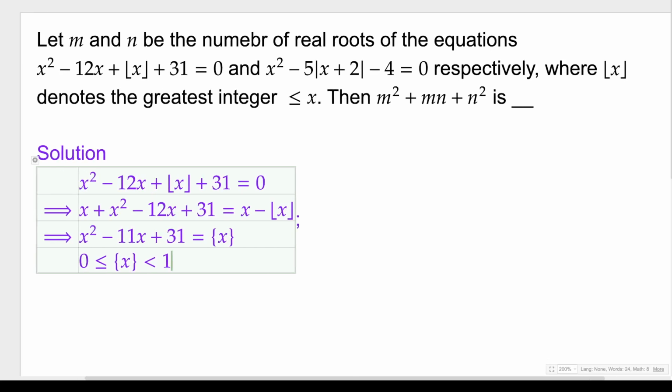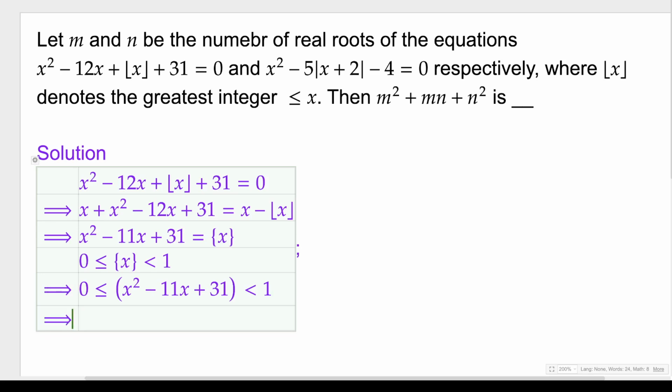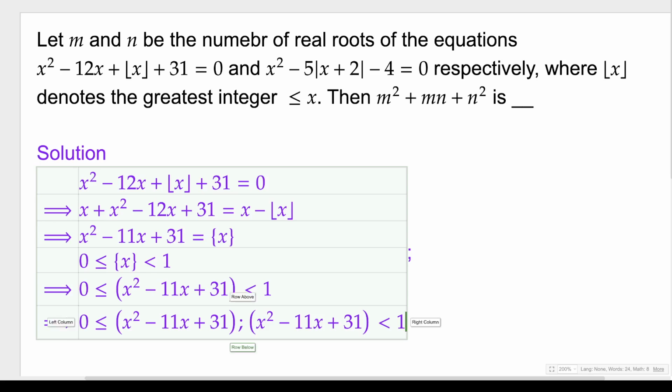Proceeding ahead, finally this expression can be written as x² − 11x + 31, and this one within parenthesis has to be greater than or equal to 0 and strictly less than 1.